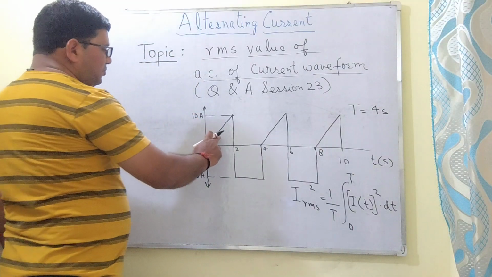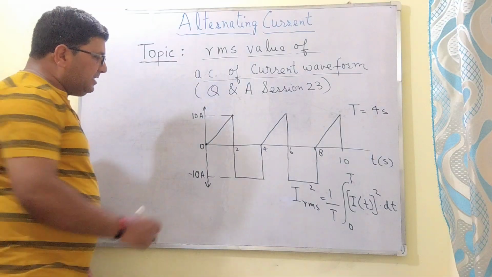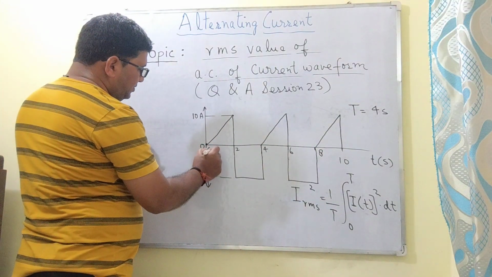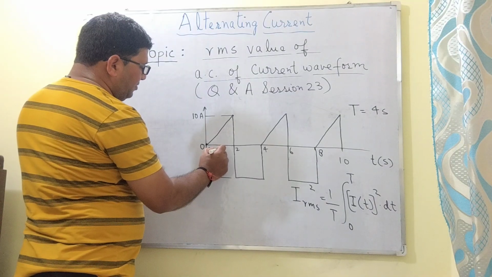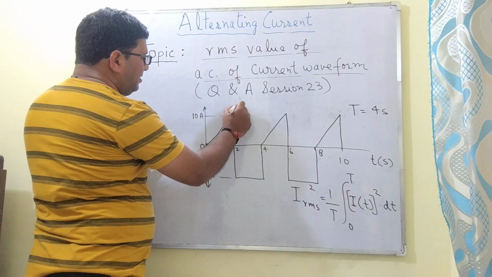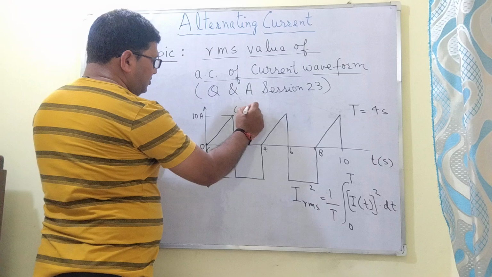From 0 to 2 seconds the current is varying linearly with time. So if this is the origin, then its coordinate will be equal to (0, 0), and the coordinate of this point will be (2, 10).